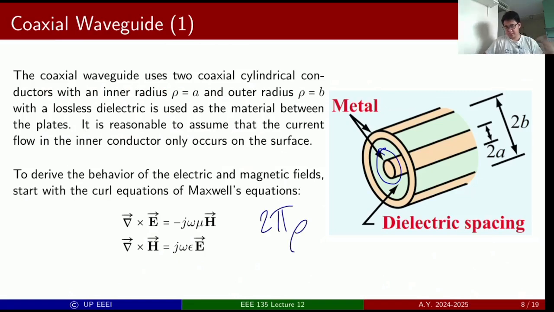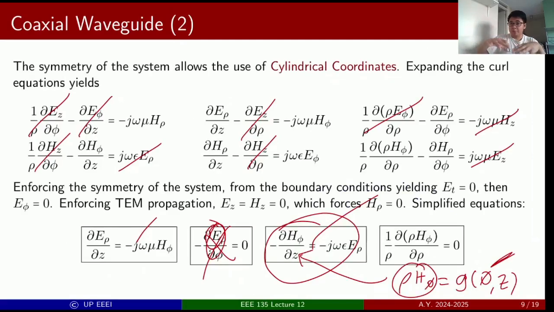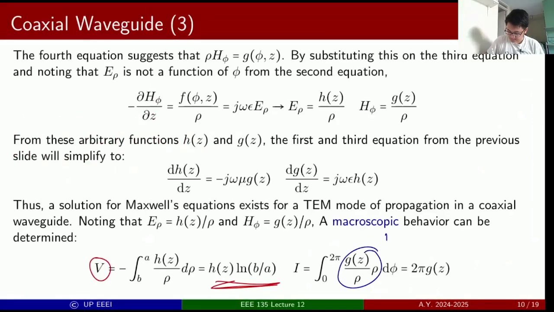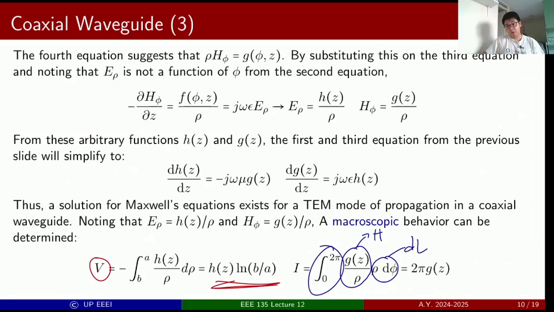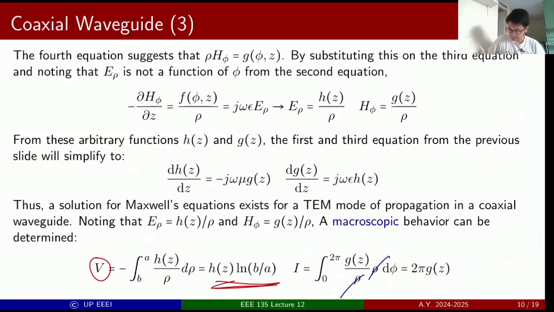The closed loop integral of h dot dl is, you integrate from 0 to 2 pi. You will see that the rho component cancels out, and then you'll be left with this expression for the current.